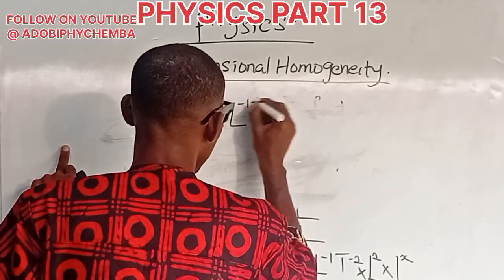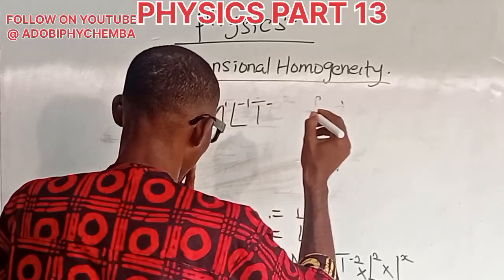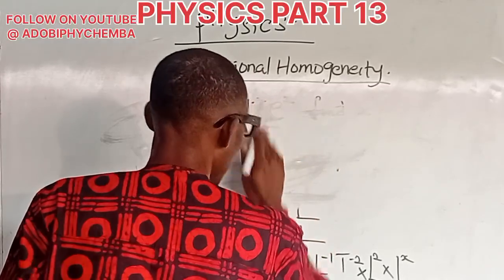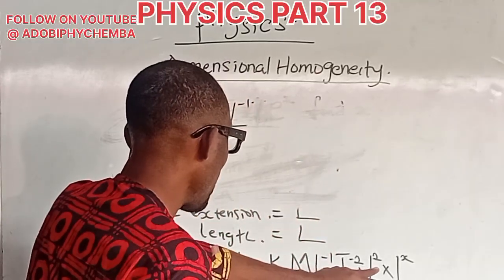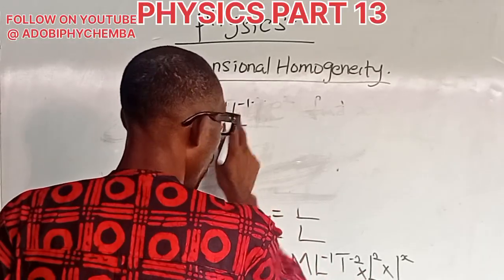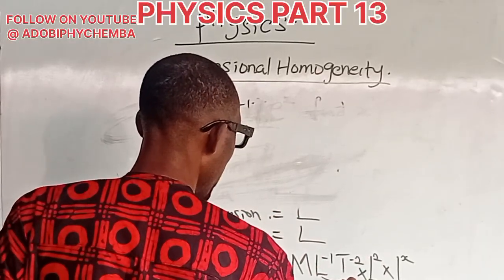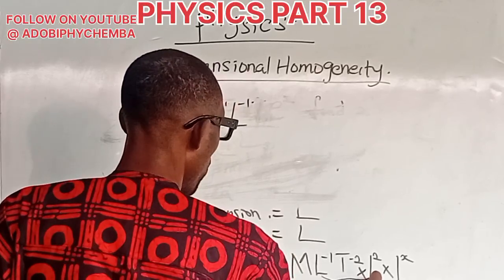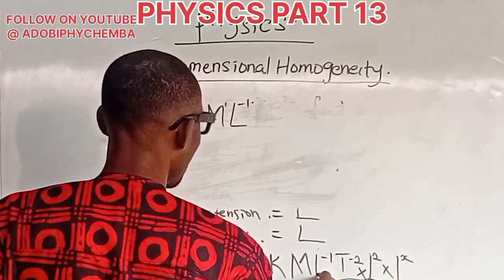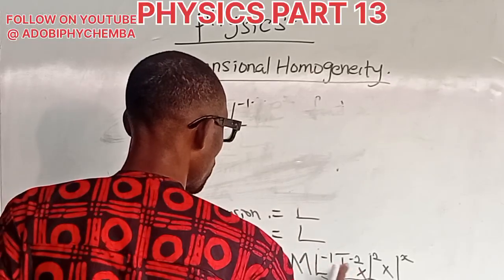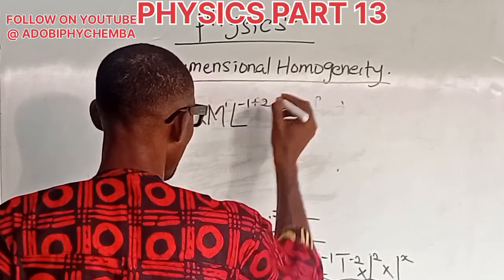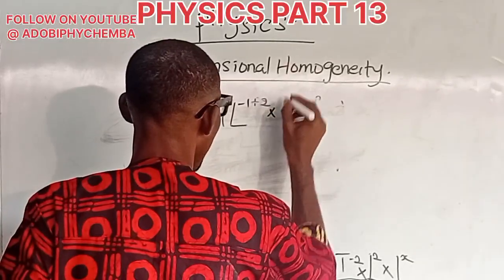Then T raised to power minus 2, but before we do that, let's work with this L and this L. We want to add their powers because the bases are the same. So you have L raised to power minus 1 and raised to power plus 2, times L raised to power X.